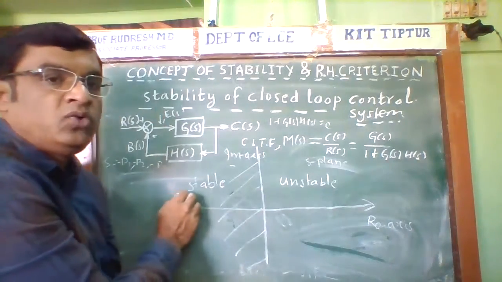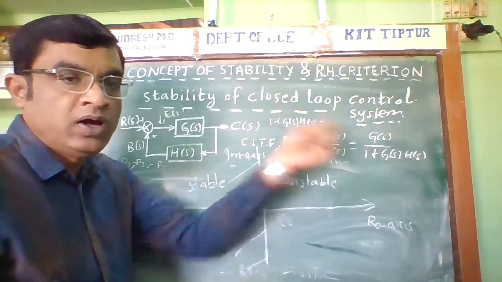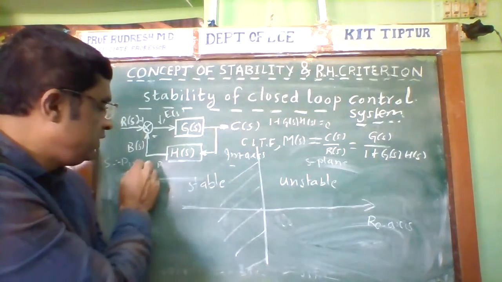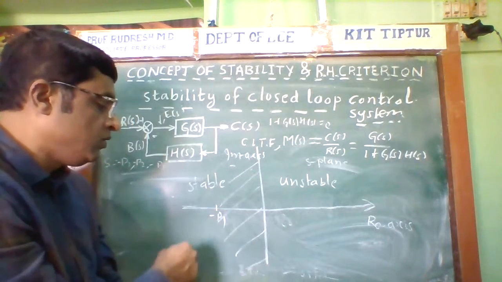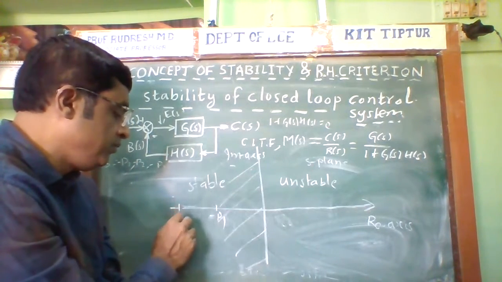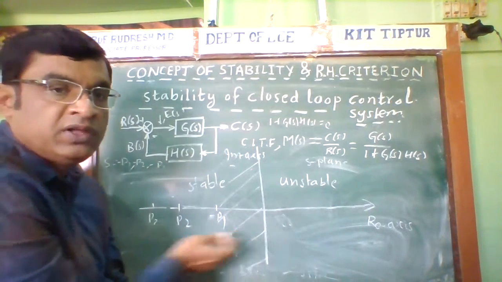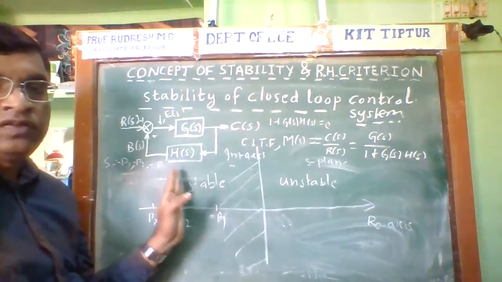If all the roots of the characteristic equation are lying on the left half of the S-plane, for example P1, P2 and P3 located here, then the system is stable.